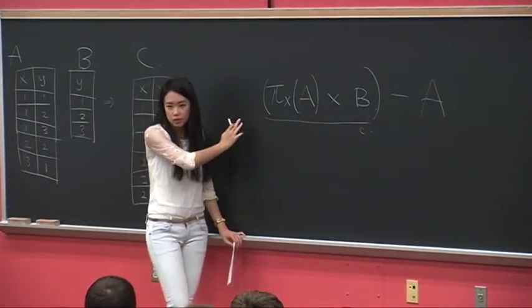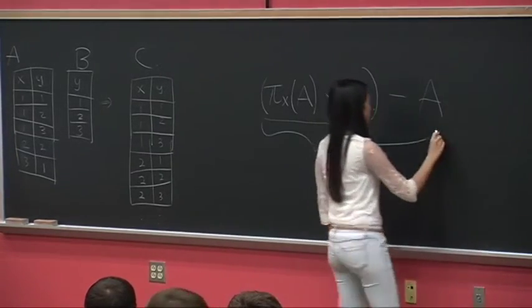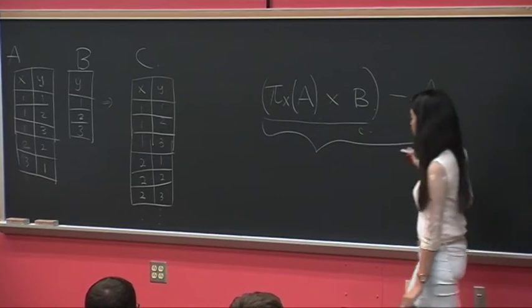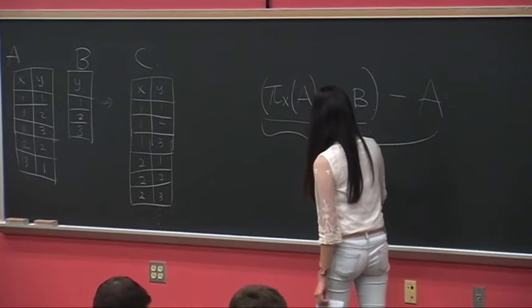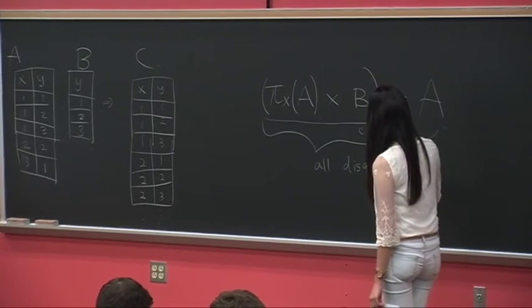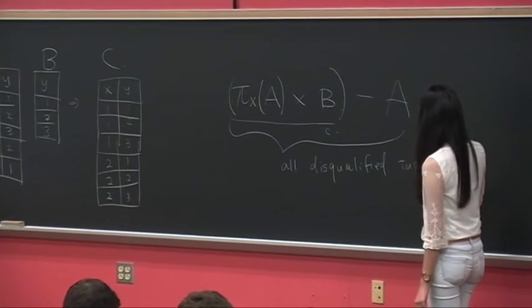So the result of the whole thing for now actually means none of them are in A. Right? So we call them the old disqualified ones, all disqualified tuples.